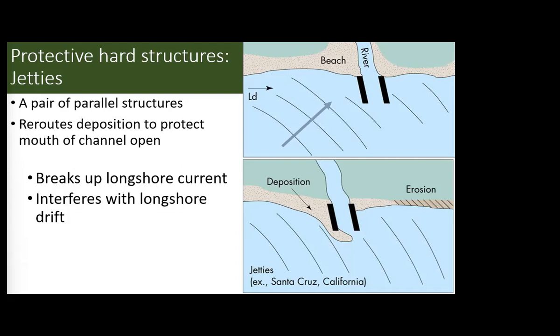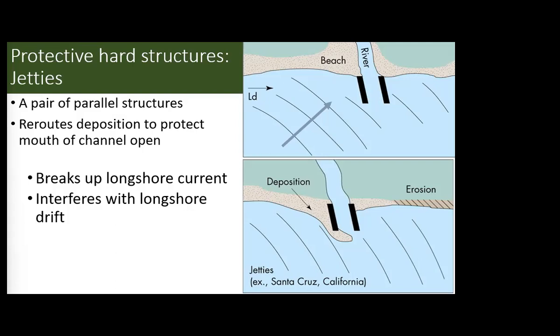So as the river is flowing, it gives it a little bit extra channel to take that sediment out, and all of that longshore drift is going to end up depositing on that left side there of the jetty.